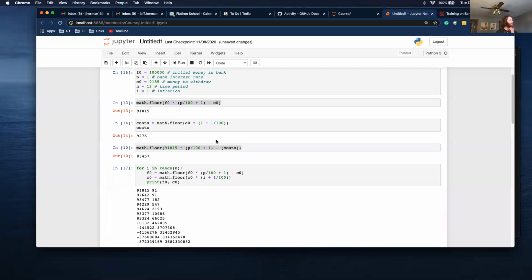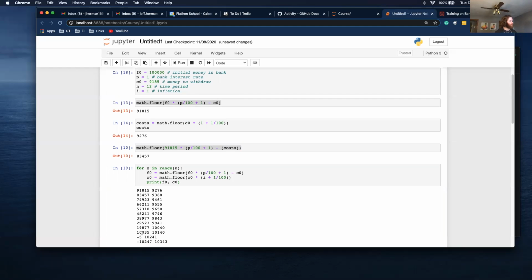I'm not sure what I'm doing wrong. Oh, I know what I'm doing wrong. I'm using the variable I that I'm iterating over, and that's saving over my inflation rate. So let's call this X and try rerunning it.